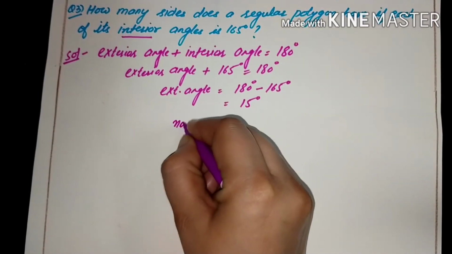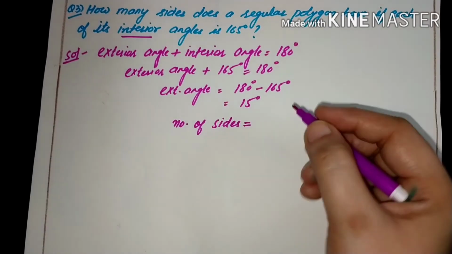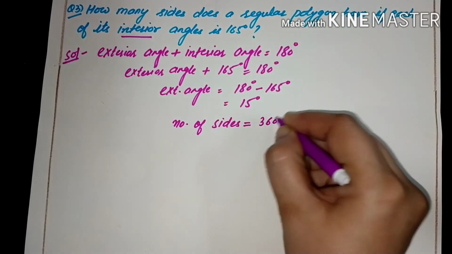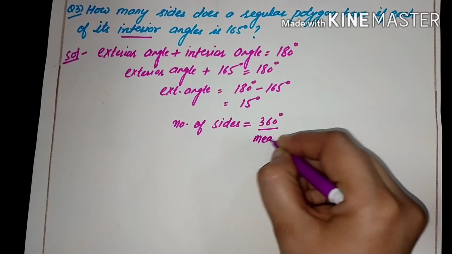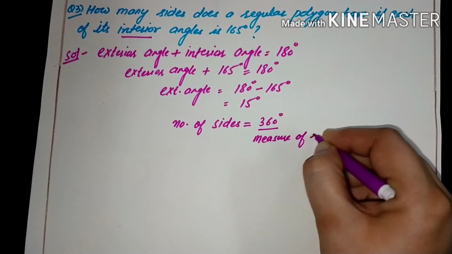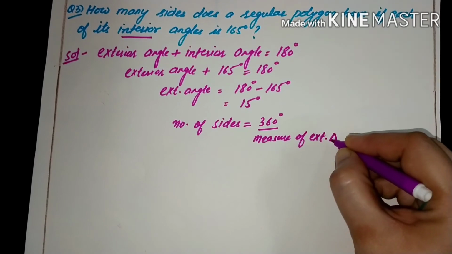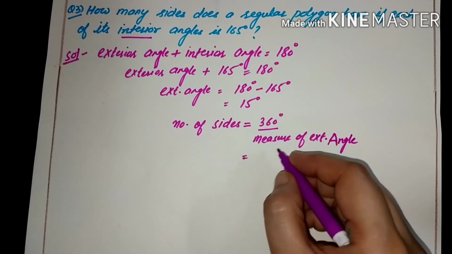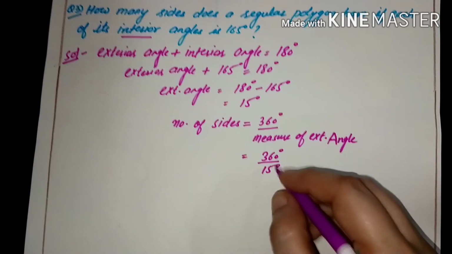So number of sides is equal to 360 degrees upon the measure of the exterior angle, so it is equal to 360 degrees upon 15 degrees.